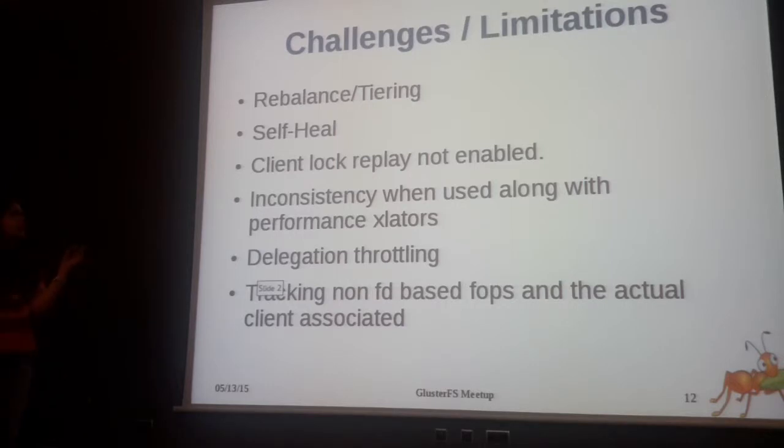Tracking non-FD based FOPs: when it's an FD-based FOP, we can track, for that FD, what the client sends. Since we have implemented FD-based leases, it's harder to track non-FD based FOPs, and harder to find conflicts for non-FD based FOPs.